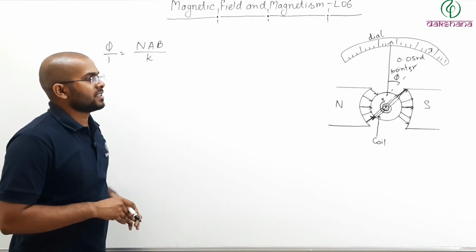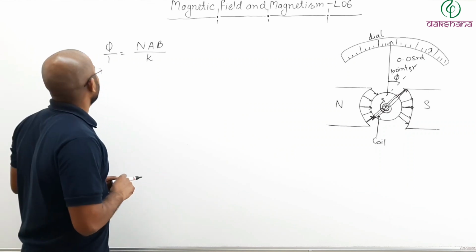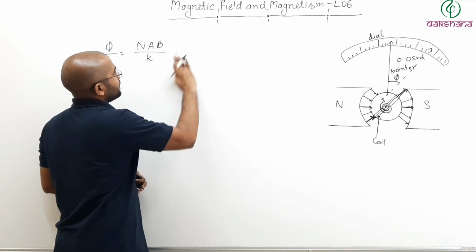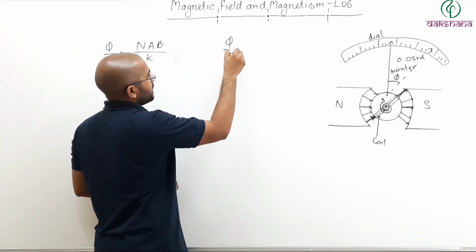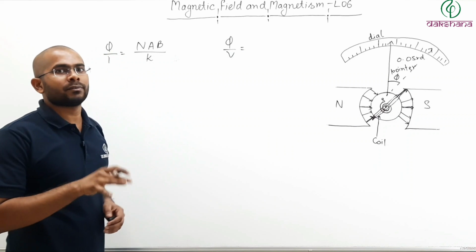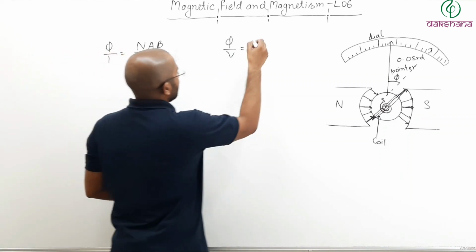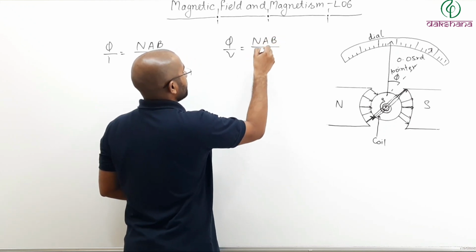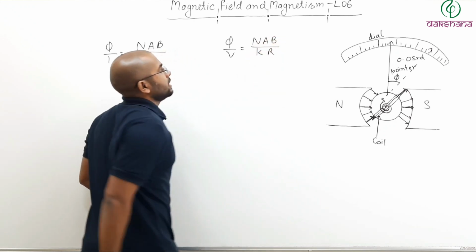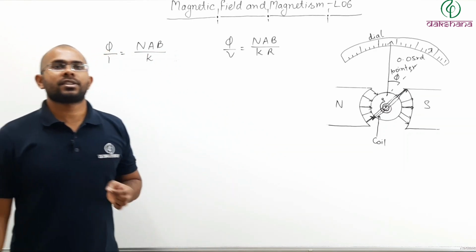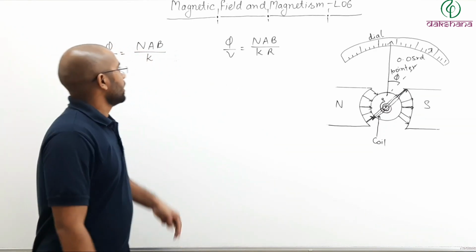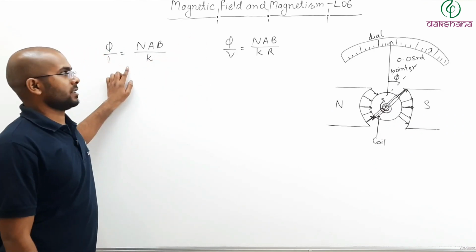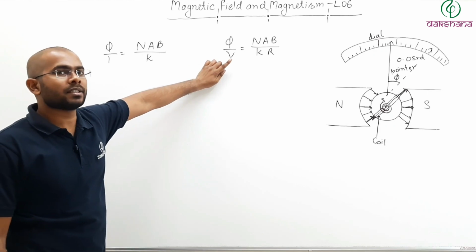Now voltage sensitivity may be written as phi by V, angle deflected per unit voltage. This can be written as NAB divided by K times R, where R is the total resistance, everything else is same.